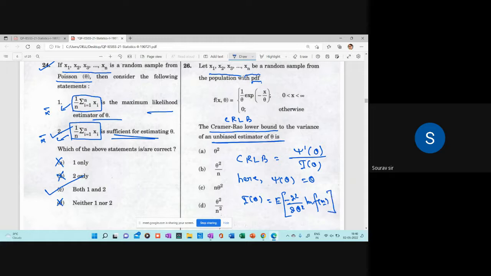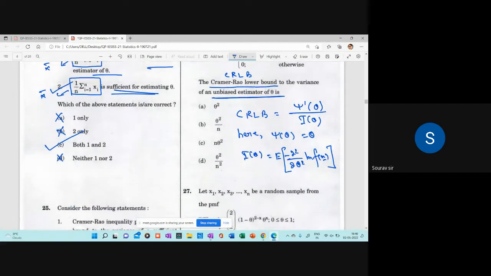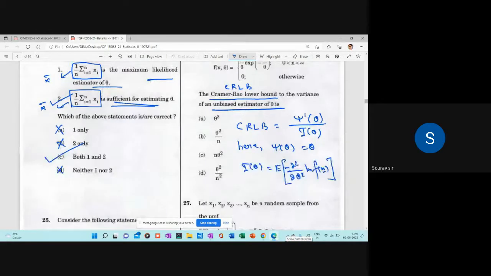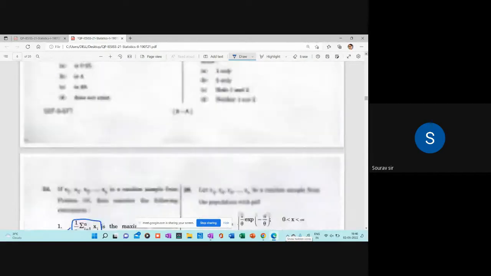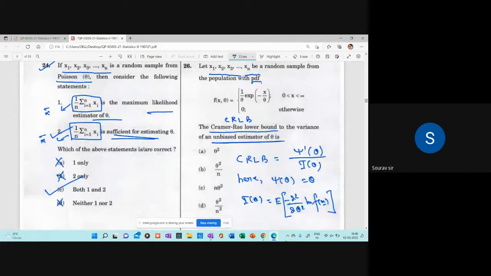I prefer this formula. Even you can take the single derivative formula as well. I prefer using this one. Okay, so let's start. Let's see once again the PDF: 1 by theta e to the power minus x by theta.